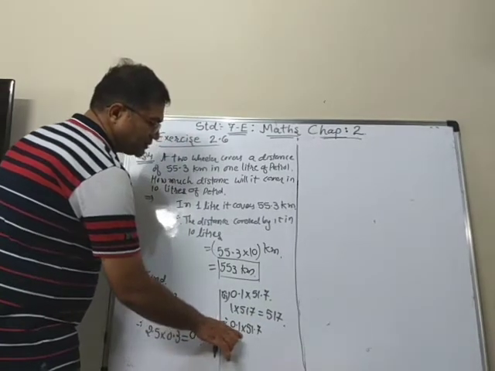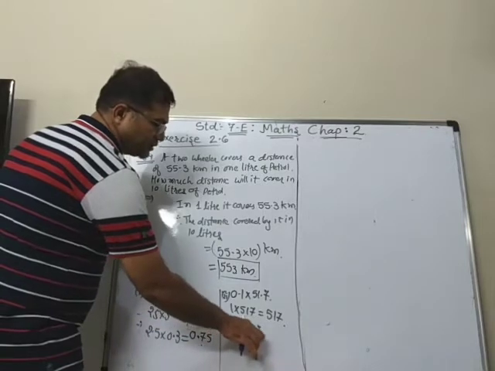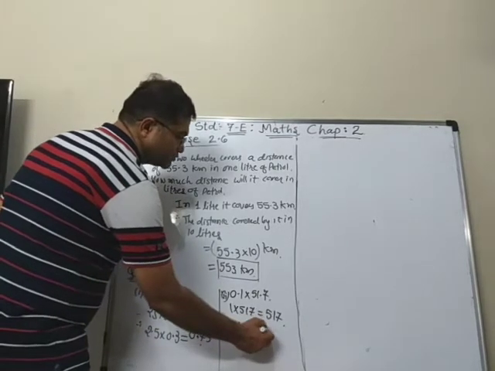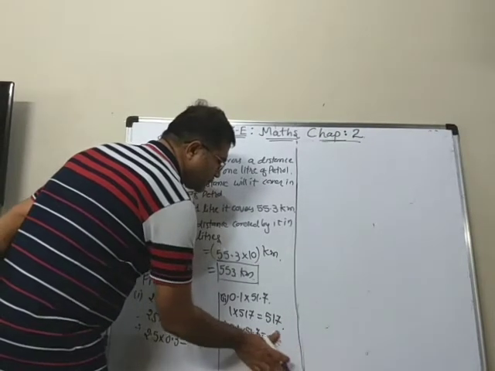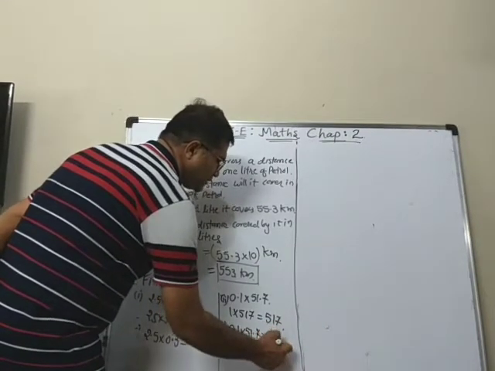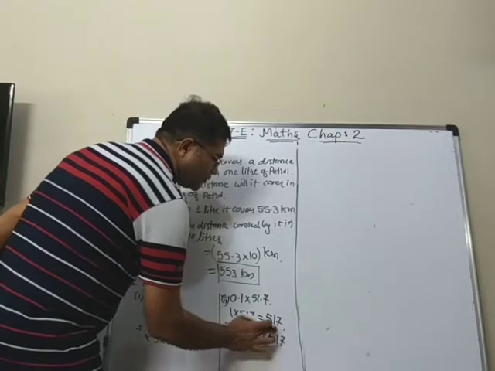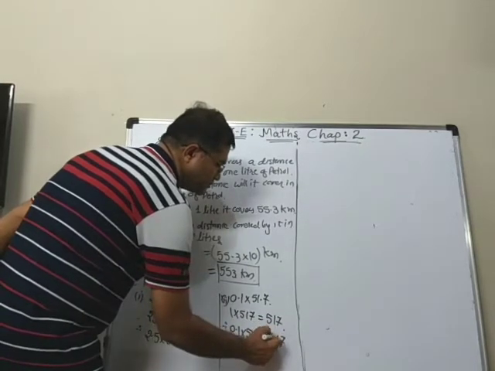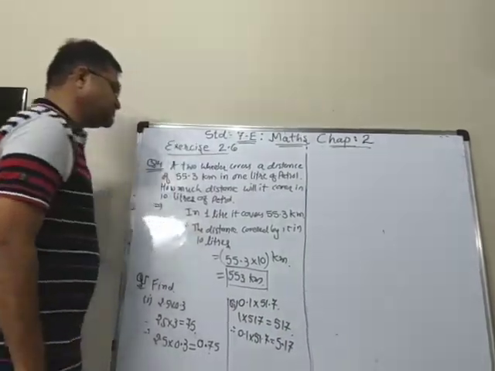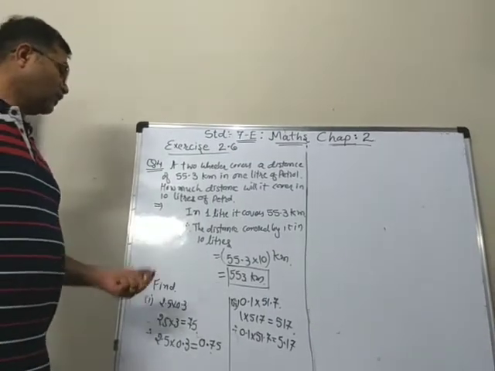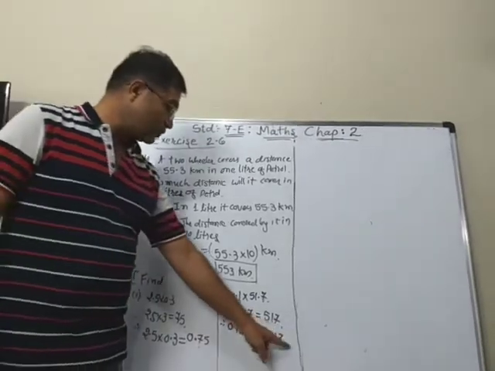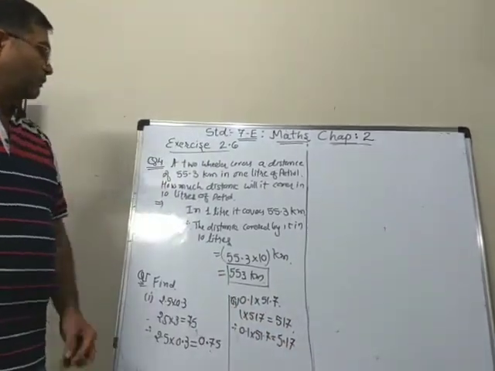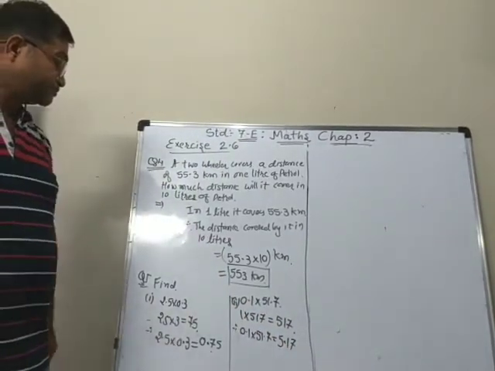So here also 1 decimal place, here also after the point is only 1, so 1 plus 1 is 2. So in 517, you have to count from the right side. So the answer will be 5.17.